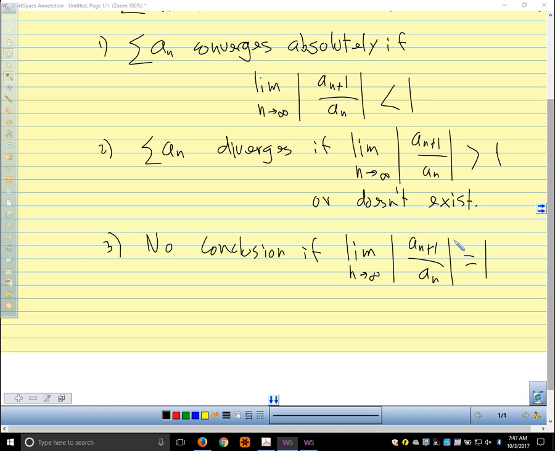So this is similar to a geometric series. Now it doesn't mean that we can find the sum of this series, it just lets us determine the convergence. So these conditions are very similar to the geometric series conditions because this ratio turns into a common ratio that we can use to make a geometric series that bounds our original series.